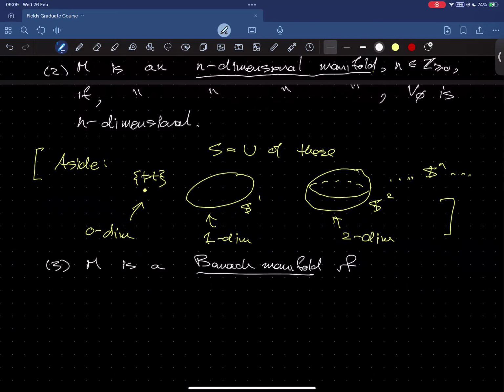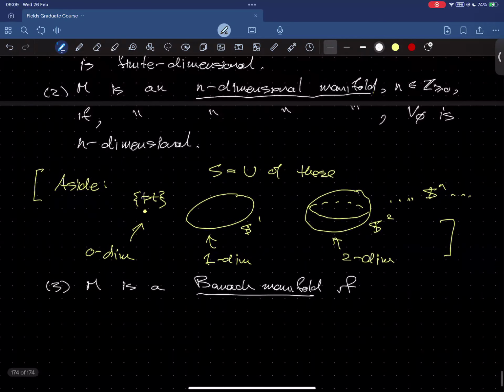Okay. And so again, for every admissible chart (U_phi, phi), V_phi is a Banach space.